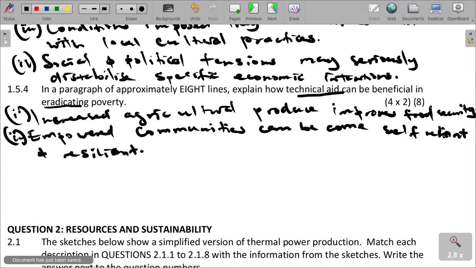We can also talk about strengthened government and institutional capacity contributing to long-term development.